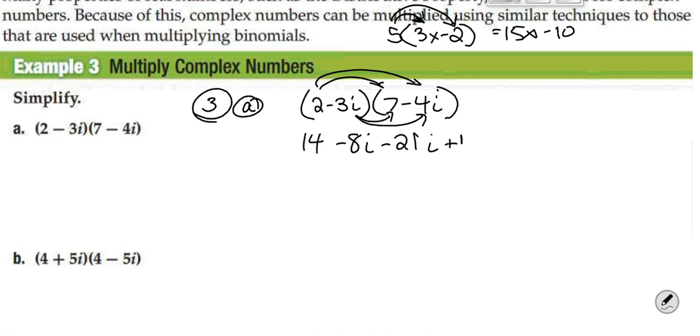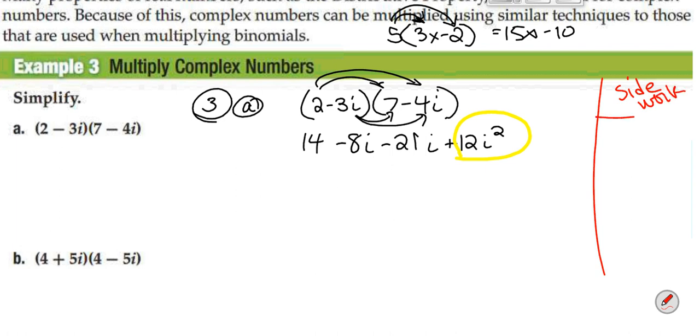So again, as we're looking at this, this is i squared. We can't leave that alone. We have to change it based on what it is equivalent to. I'm going to do a little bit of side work, and sometimes I call these think boxes. So this is my think box. I'm going to say this is plus 12i squared.